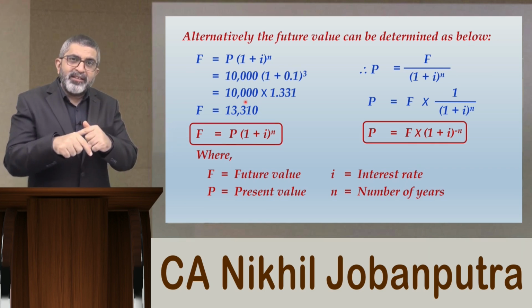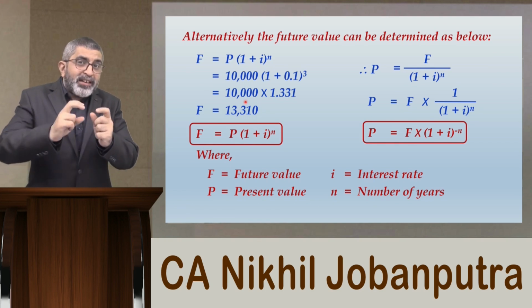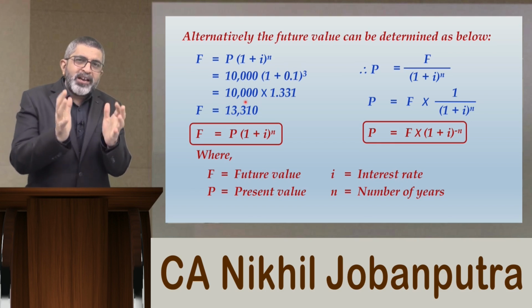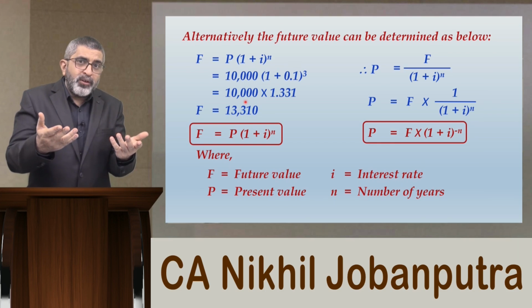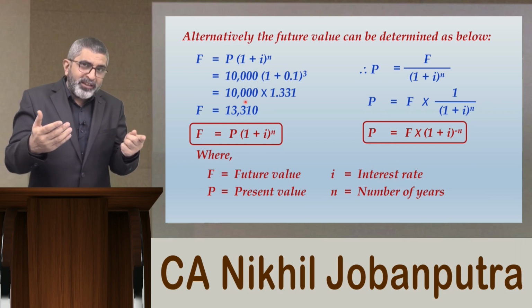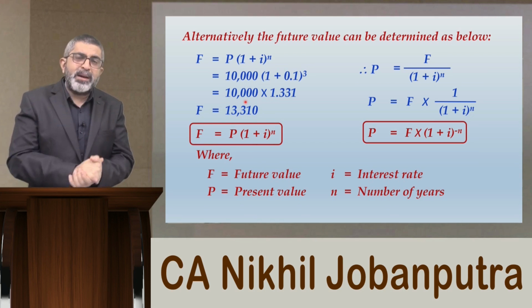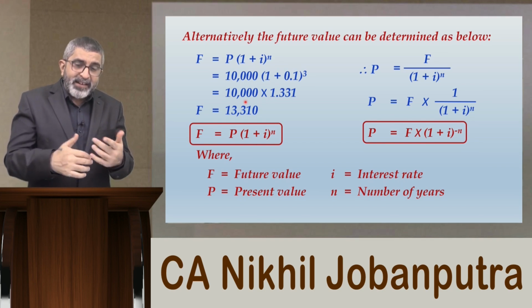You know what you will get? You will get back to the present value. And that is why we are taking the reciprocal of the future value factor to arrive at the present value factor. So what is the reciprocal of 1.331? It will be obviously 1 divided by 1.331.